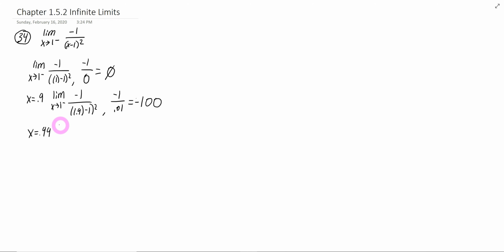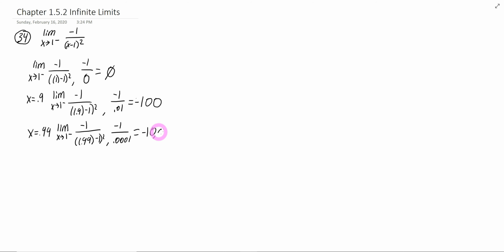So now we have the limit as x goes to 1 from the left of negative 1 all over, parentheses again, 0.99 minus 1 squared, which gives us negative 1 over 0.0001, which is pretty small, and this in turn gives us a result of negative 10,000.